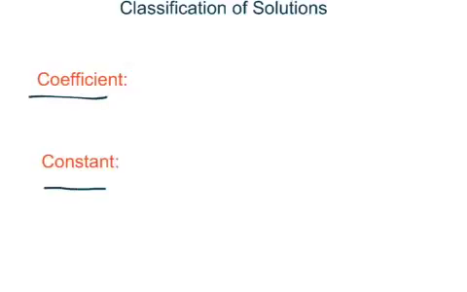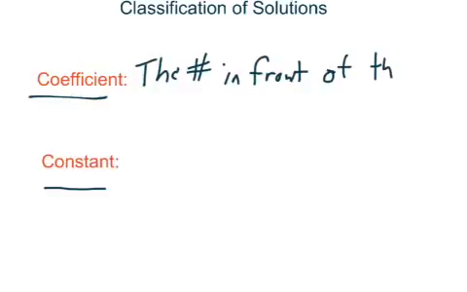And as a reminder and a little bit of review, what is a coefficient? Well, a coefficient is the number in front of the variable. Some examples could be 3x, where the 3 is the coefficient.